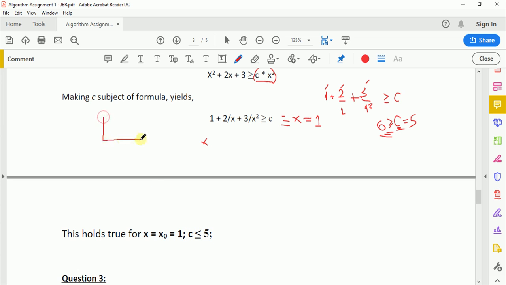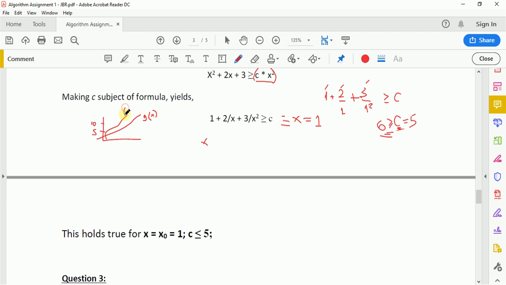So I'm thinking this is going to be something like this. If you have 5, you have 10. If this is 5 and this is 10, it's going to be somewhere here. This is g, this is your lower bound. This is the g of x.